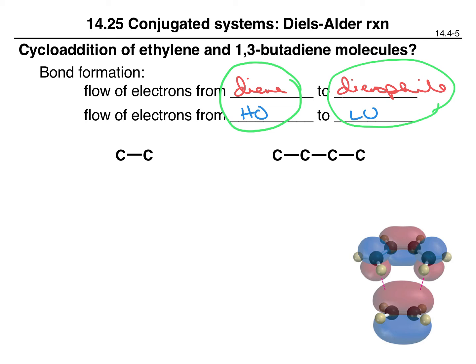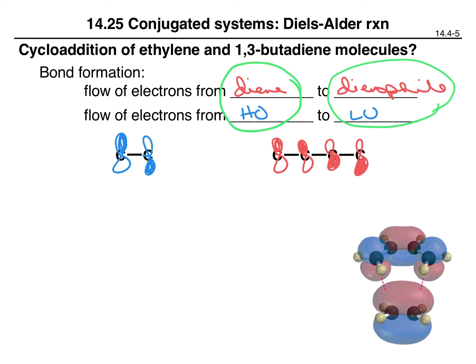On the left, we have our dienophile, and we need the lowest unoccupied molecular orbital. So here we have one up and one down. And for the diene on the right, we need the highest occupied molecular orbital, and that's the one that has two up and two down.